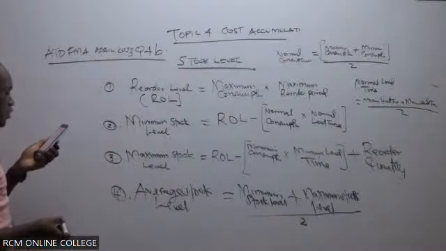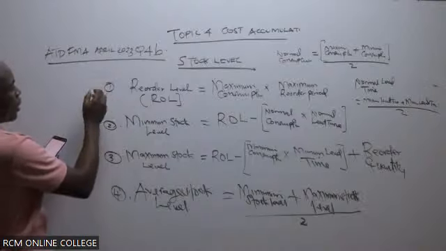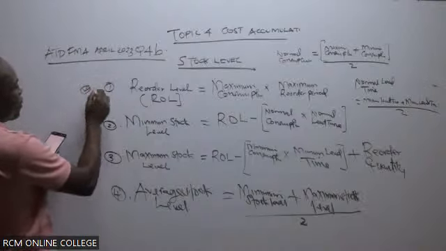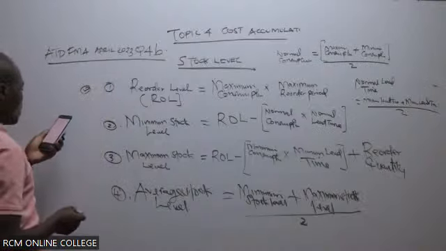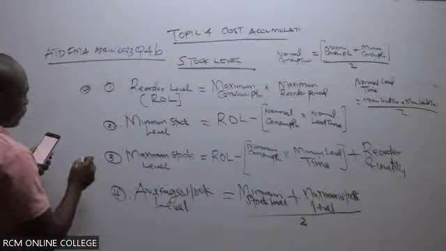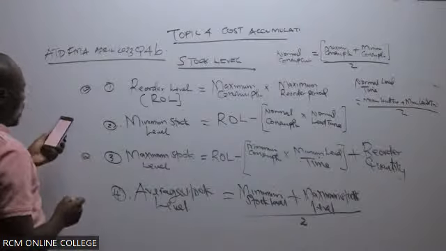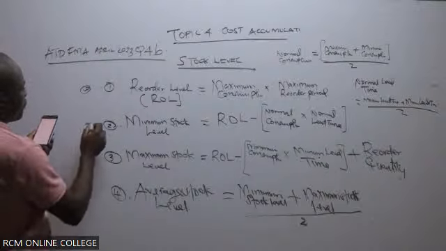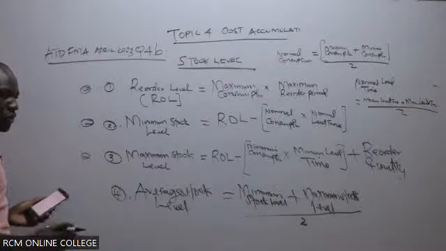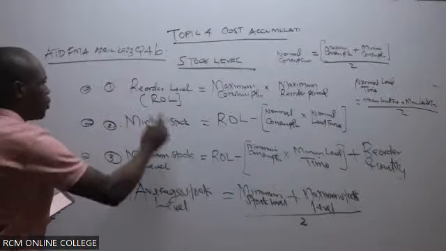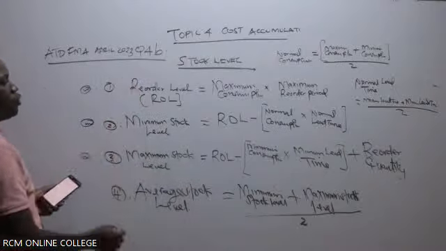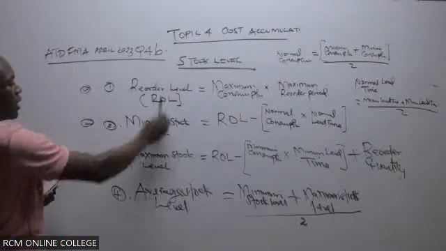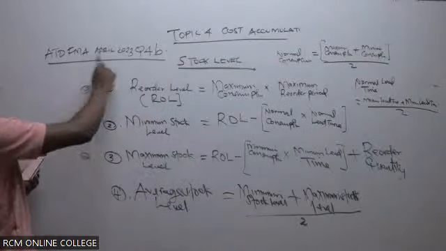In it, they are asking you to give the reorder level, the maximum inventory level, and the minimum inventory level. Go through the notes and master these formulas, then attempt this question.